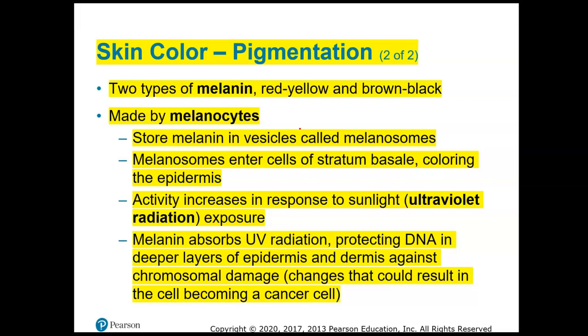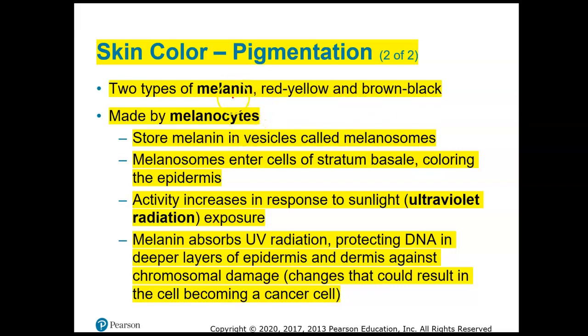But the primary pigment that determines skin color is melanin. And there are 2 shades of melanin. There's a red-yellow shade and there's a brown-black shade. And your skin color and skin tone just depends on the amounts and ratios of each type.